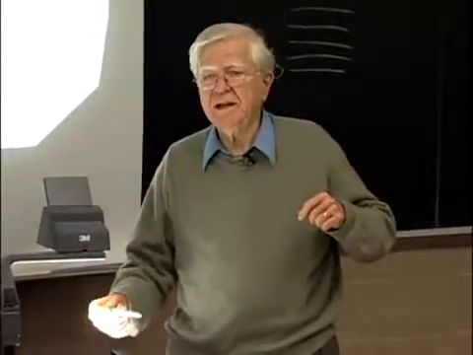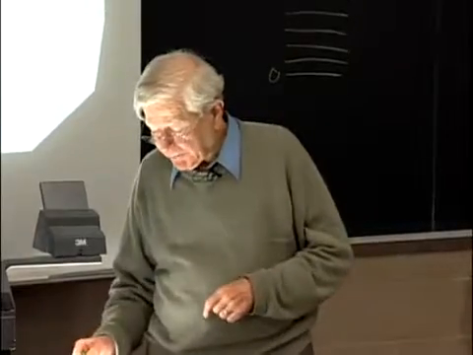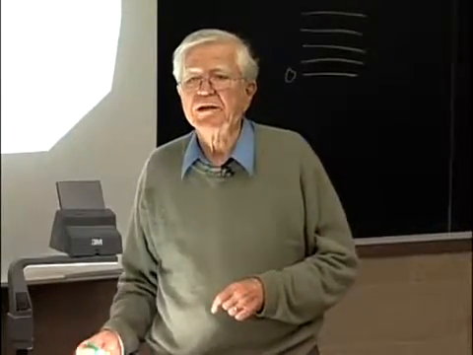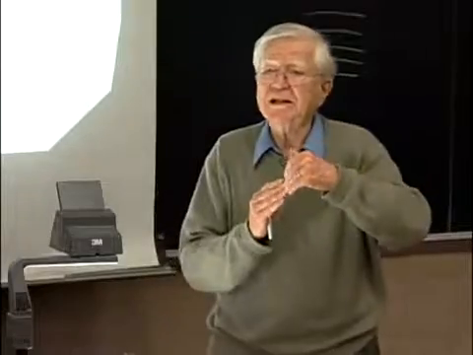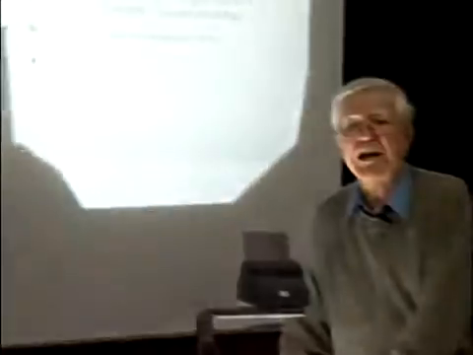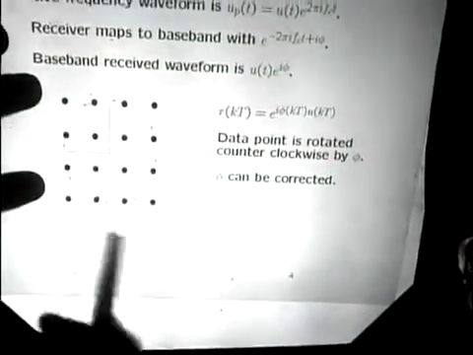Okay, in other words, the thing that you do is when the data is coming in, you don't map it directly into a signal point. The thing that you do is map the data into a phase change from one period of time to the next.